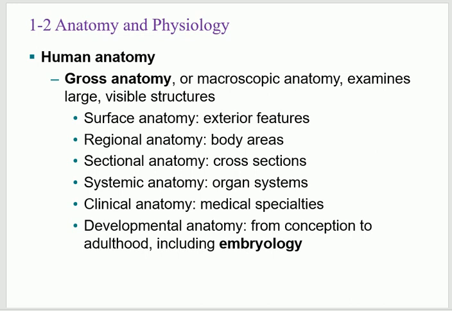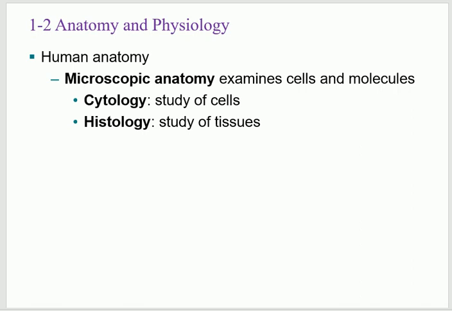Bones, this is the femur, this is the humerus, and so on. So different parts, different surface anatomy, what you can feel and see. Regional anatomy, we will discuss that. Like this region, what's the name of this region? The different sections. We will understand the different systems in our body, and so on. This is just an introduction, as opposed to microscopic.